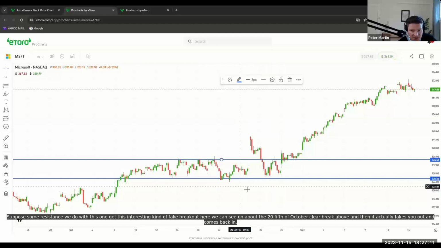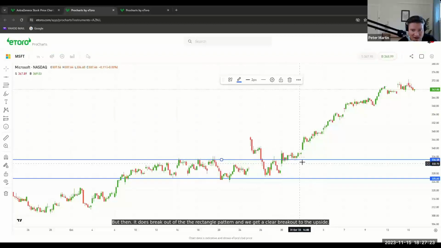With this one we get an interesting kind of fake breakout. We can see on about the 25th of October a clear break above, and then it actually fakes you out and comes back in, but then it does break out of the rectangle pattern.